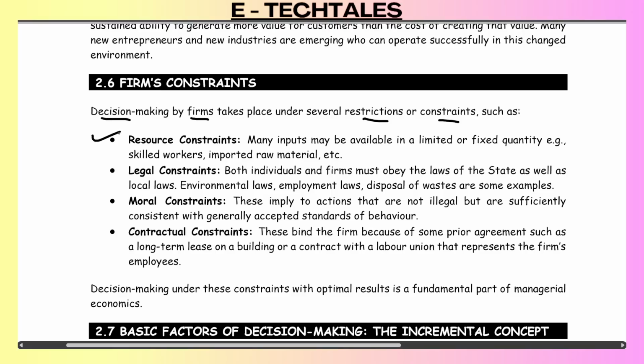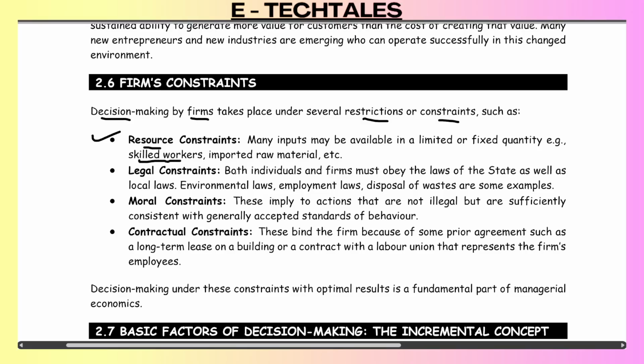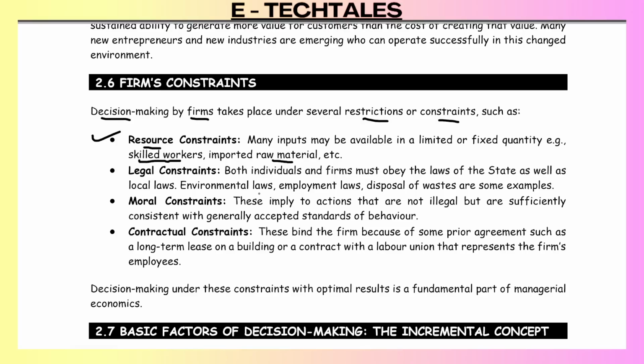The first and foremost one is the resource constraint. Resource relates to one big thing that is limited, that is the skilled workers, then the raw materials that the companies need for their operations. So many inputs may be available in a limited or fixed quantity. Example, skilled workers, then imported raw materials, etc.